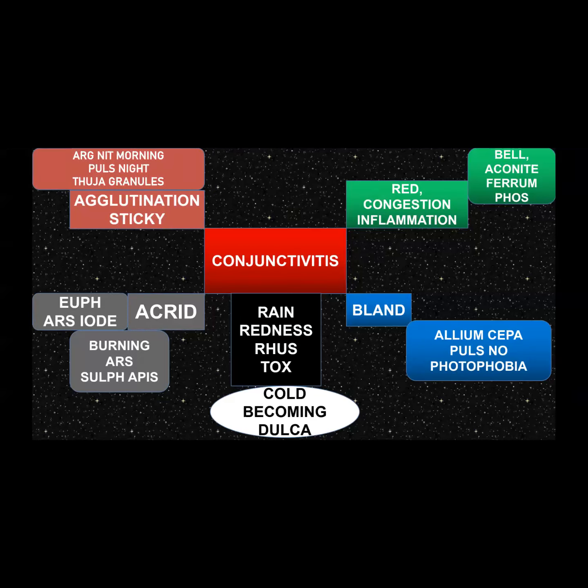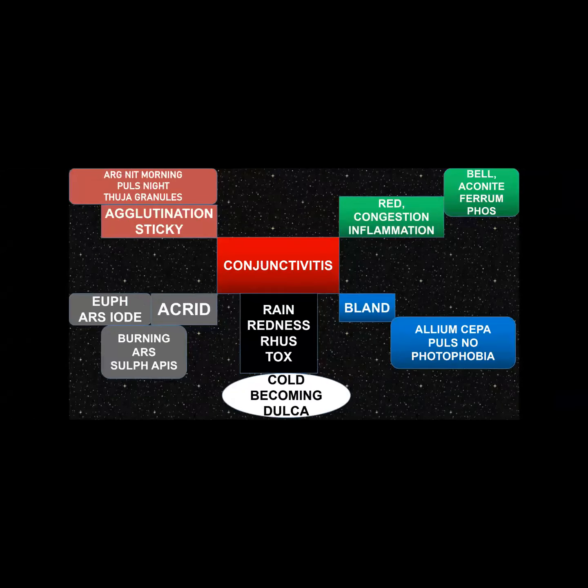So if we're talking about the therapeutic approach, then first, if you see that the patient is coming and the eyes of the patient are red, with congestion and inflammation, in the initial stage, this is basically a small chart to give some probable medicine ideas.